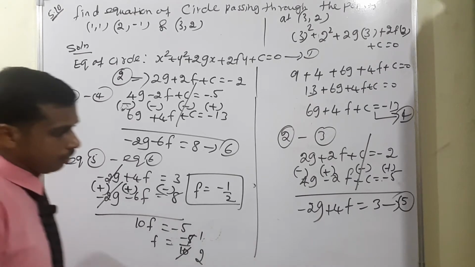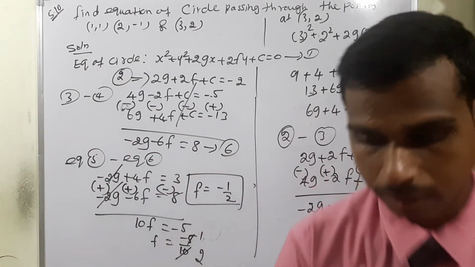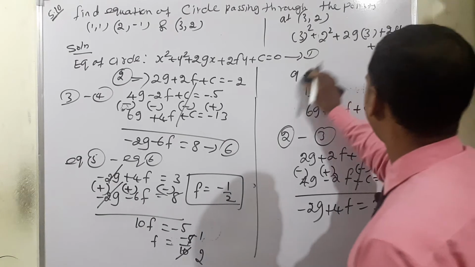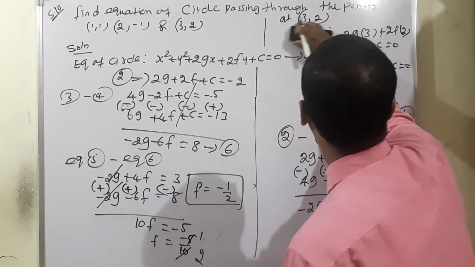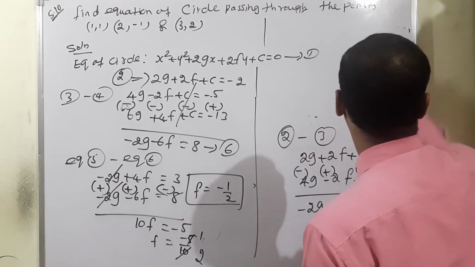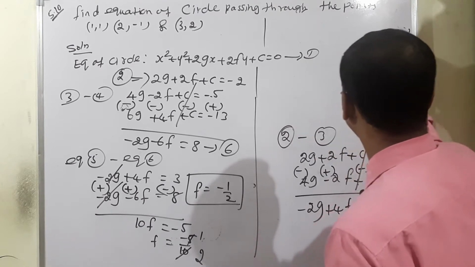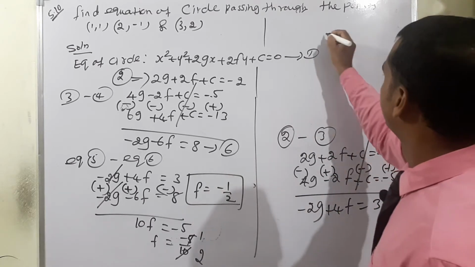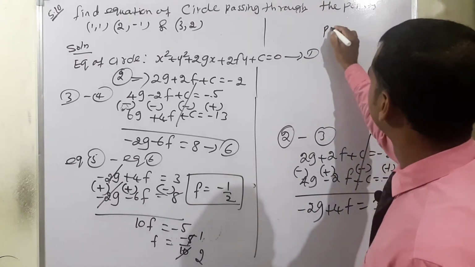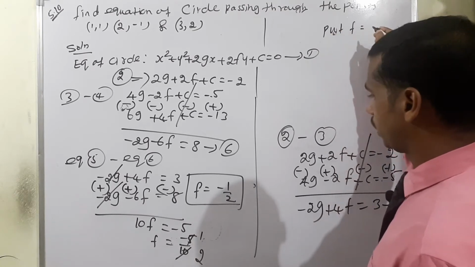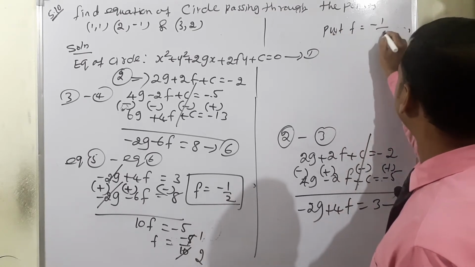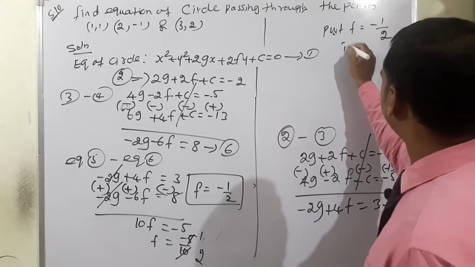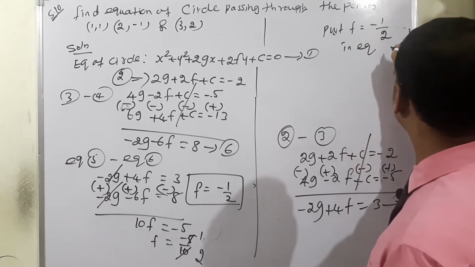I will apply in equation number 5. So put f is equal to minus 1 by 2 in equation number 5.